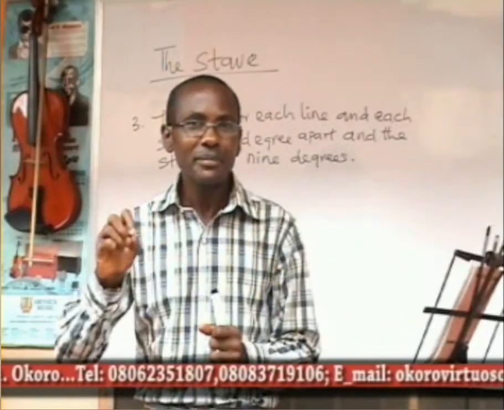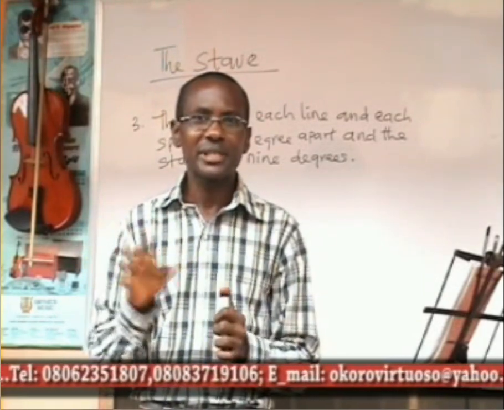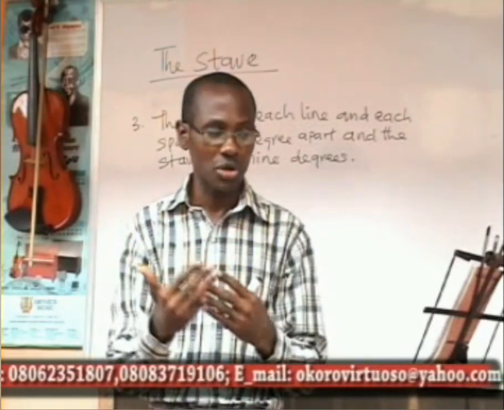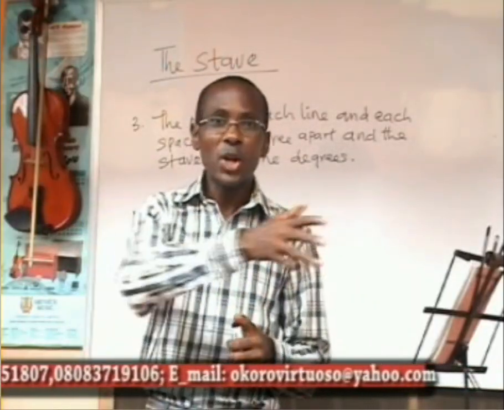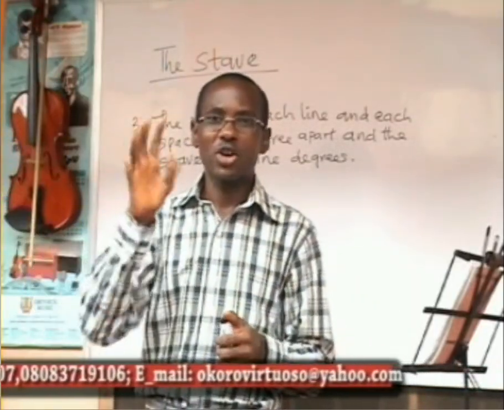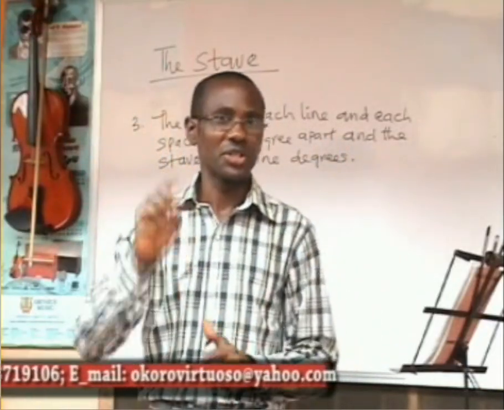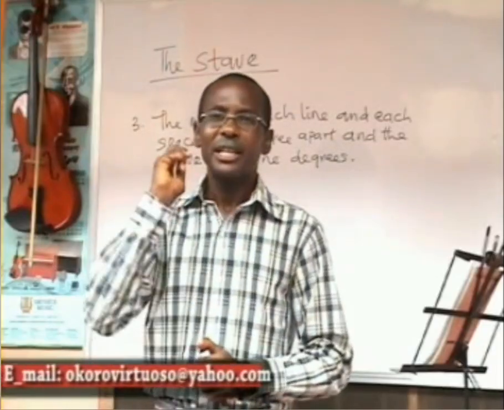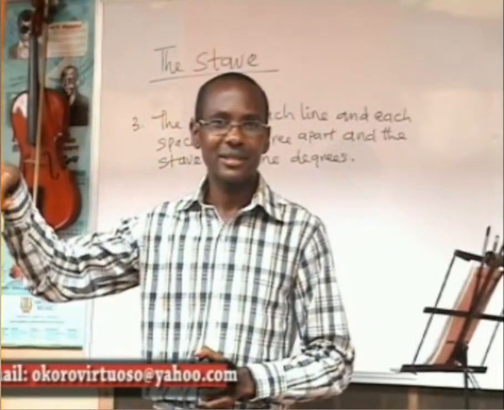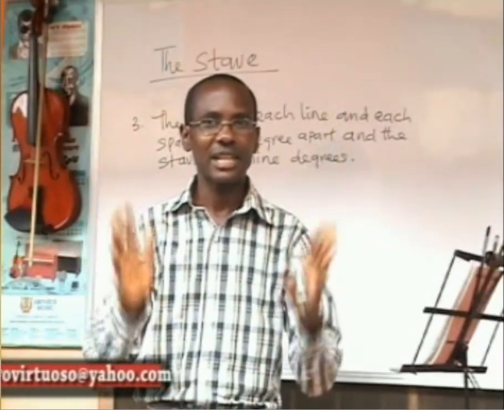As you see it drawn, as you see the 5 lines and 4 spaces drawn alone like that, you can't come on it and say, these are specific sound positions, definite sound positions that are defined by it. No. There's another thing that is needed before it can be fully representing sound positions.